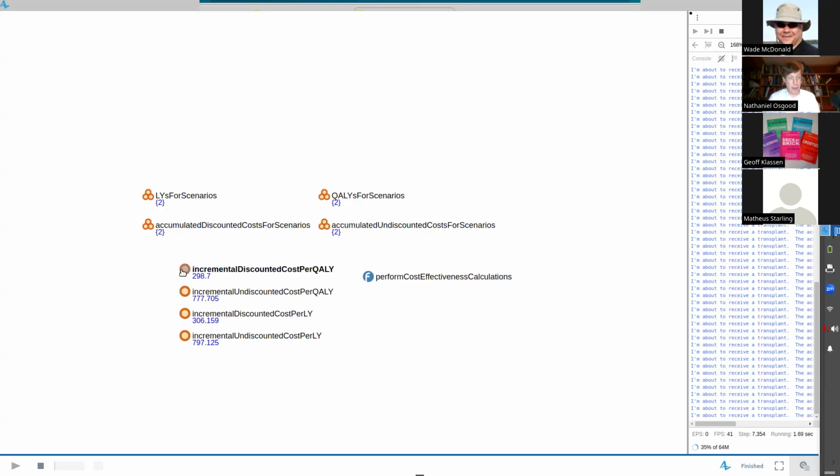But you'll notice that now we have the incremental discounted cost per QALY. I don't know if anyone is a student of cost effectiveness, but this is an outstanding discounted cost per QALY. This is an outstanding undiscounted cost per QALY. That's like bang for the buck.